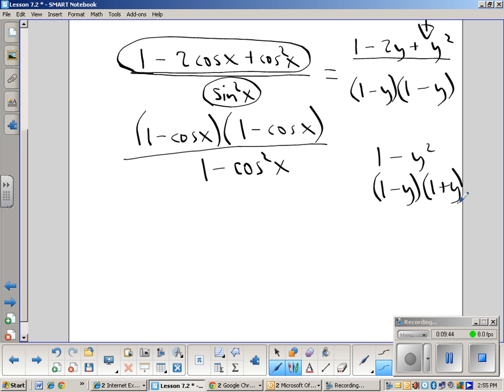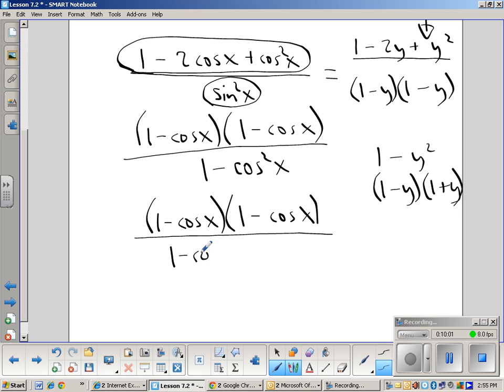It factors into the difference of 2 squares. And so we get 1 minus cosine x times 1 minus cosine x over 1 minus cosine x times 1 plus cosine x.